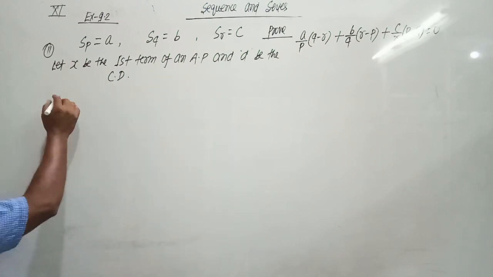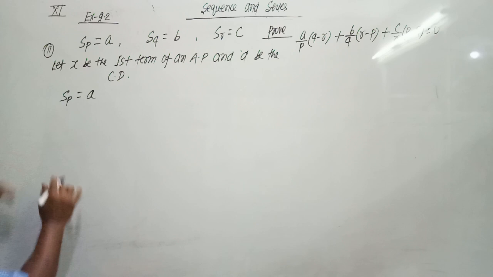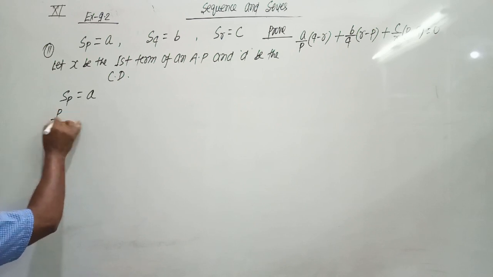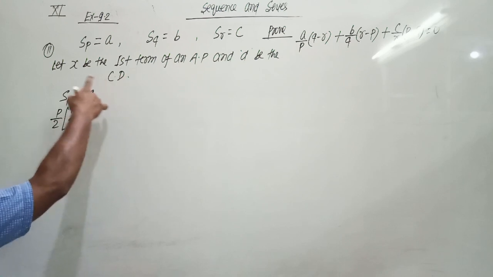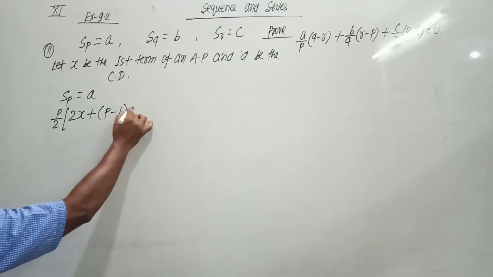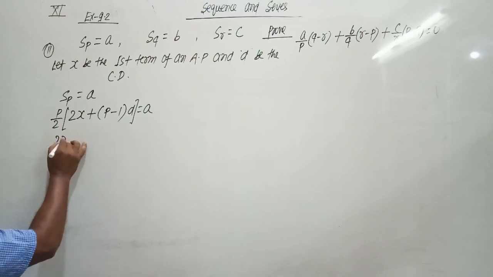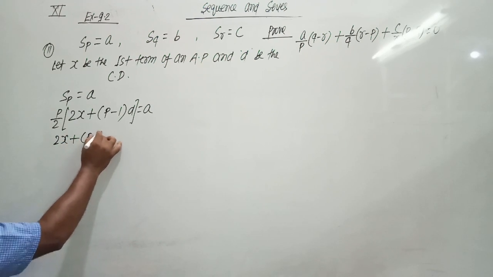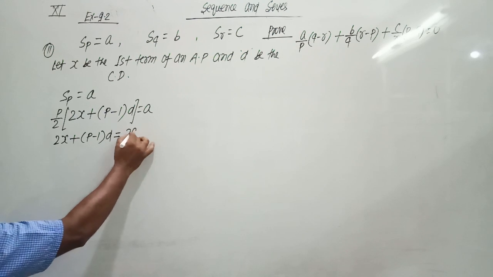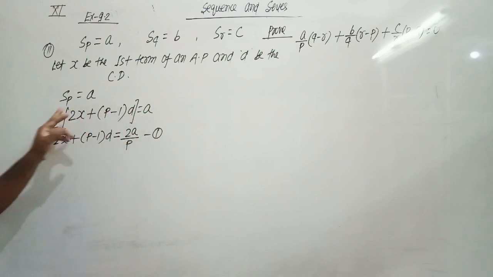So S_p equals a. We are given S_p equals a, so the sum of first p terms is n/2 [2x + (n − 1)d], that is p/2 [2x + (p − 1)d] equals a. And 2x + (p − 1)d equals 2a/p, since the 2 shifts over and p comes in the denominator. Call it the first equation.